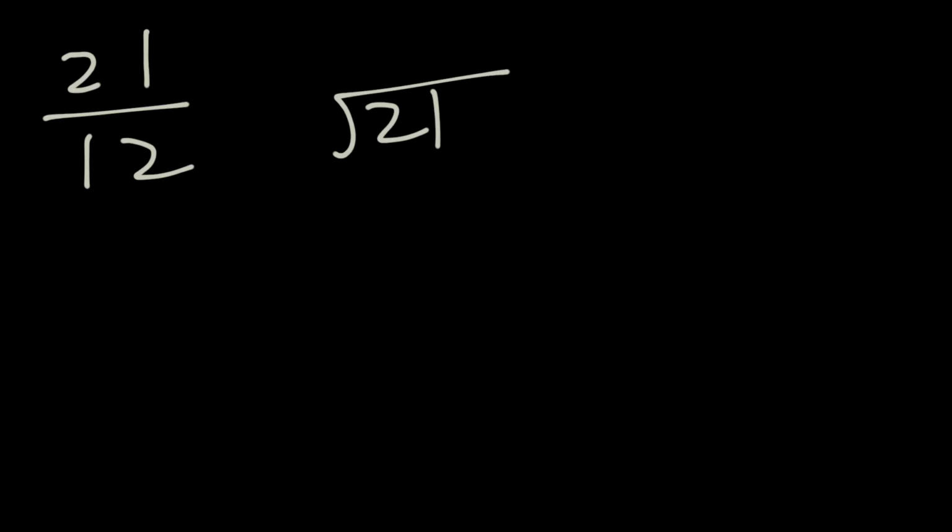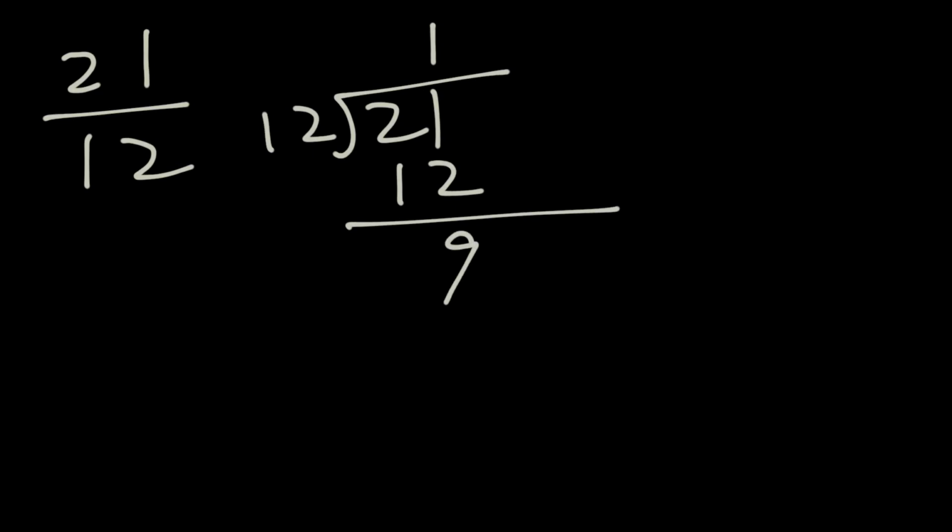What about this example? 21/12. 21 divided by 12. 1 goes into it. 21 minus 12 equals 9. And we need to place the decimal point here and bring it down.